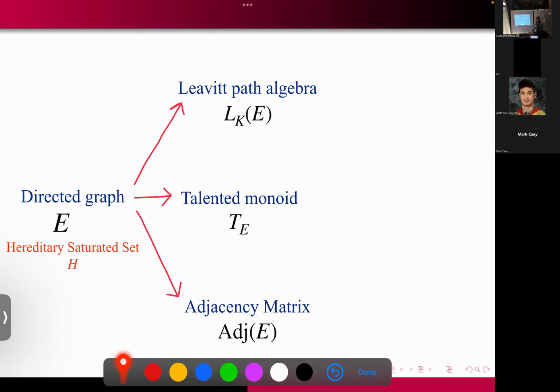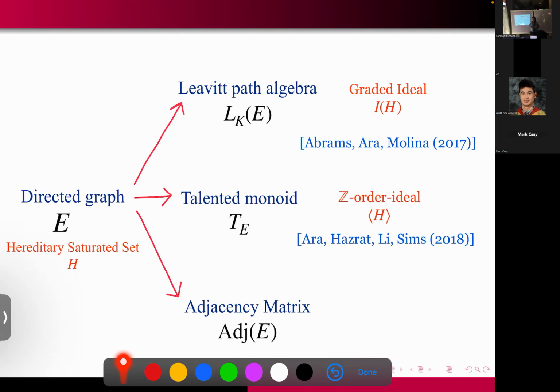That is through the so-called hereditary saturated sets, at least in the first few results of my presentation. If we take all of the graded ideals over your Leavitt path algebra, actually your hereditary saturated sets are generating such ideals.